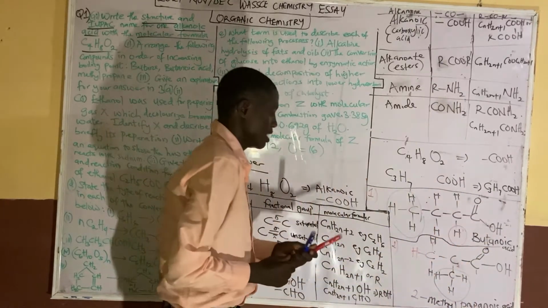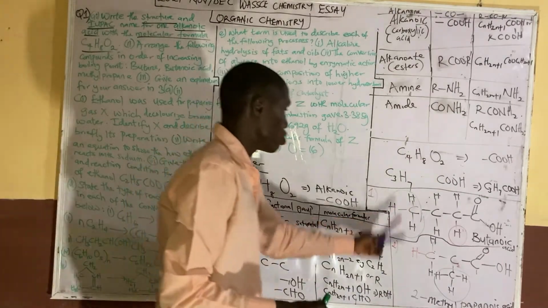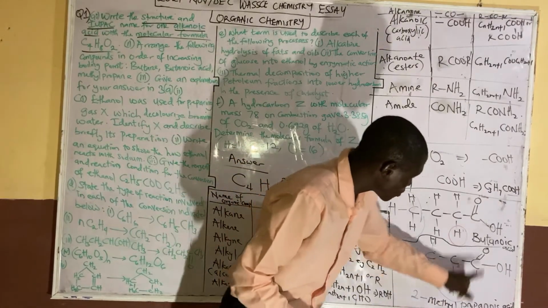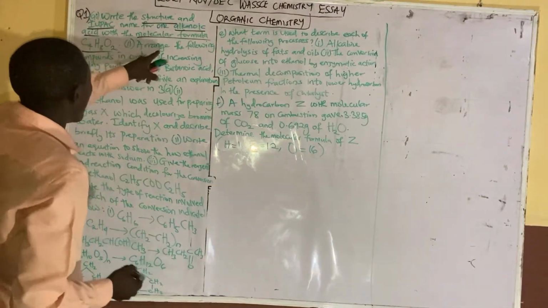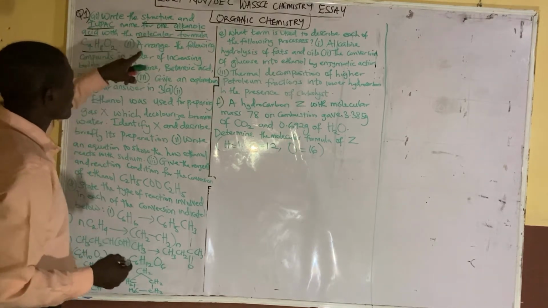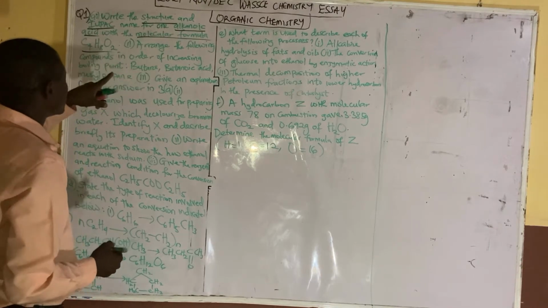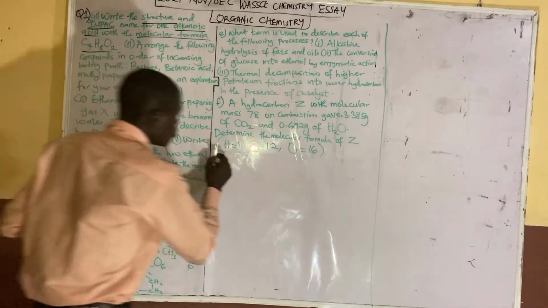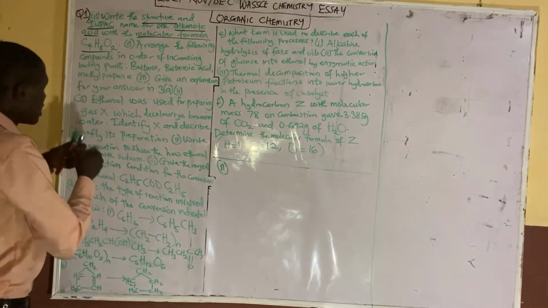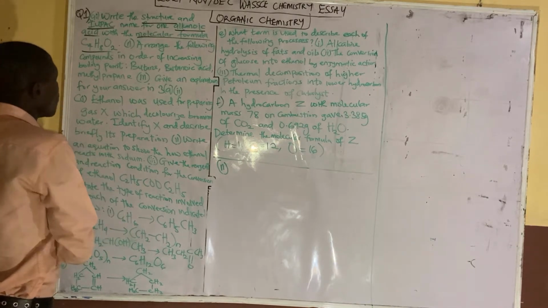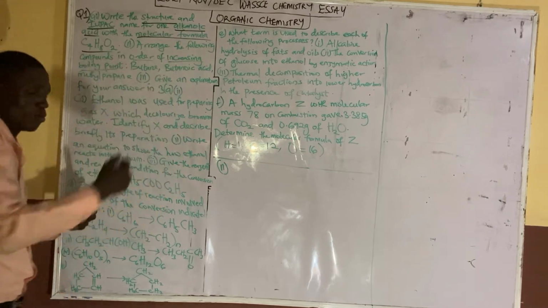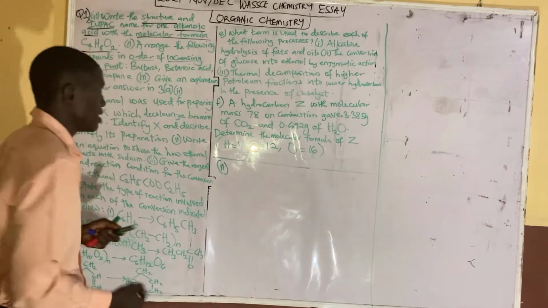So these are the two ways the structure of this compound can be written: 2-methylpropanoic acid. Question 2: Arrange the following compounds in order of increasing boiling point. That is from lowest to highest.